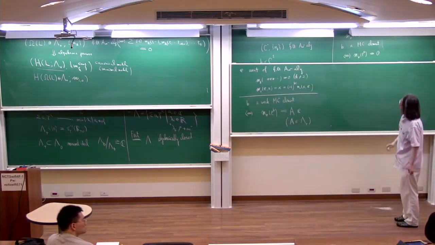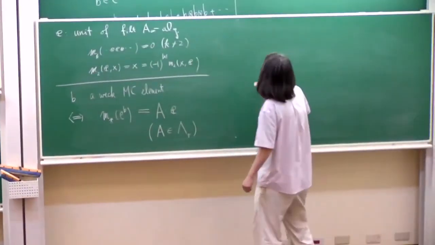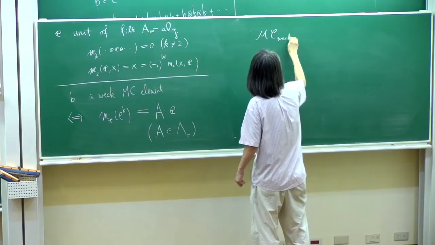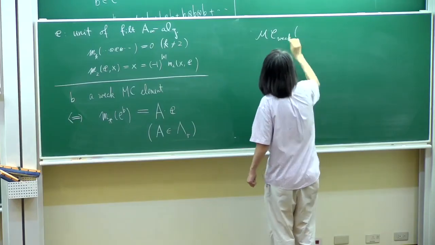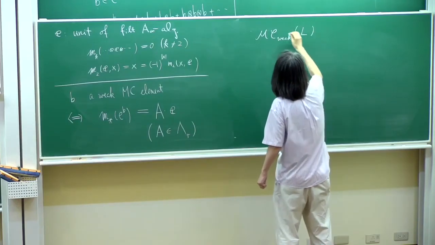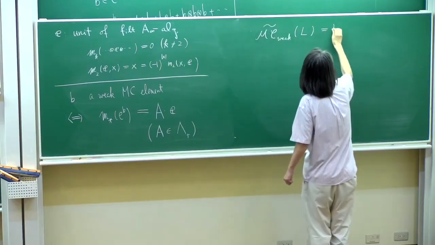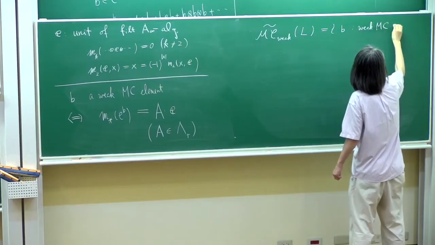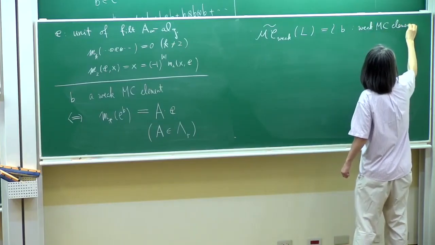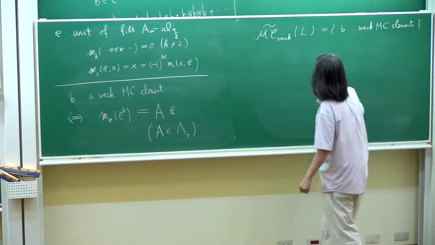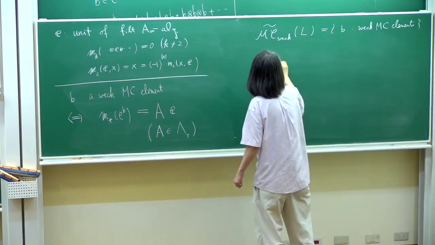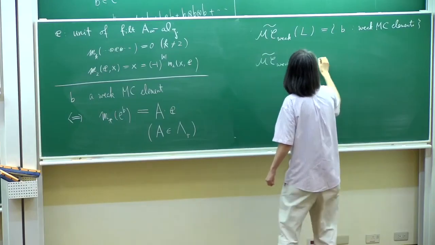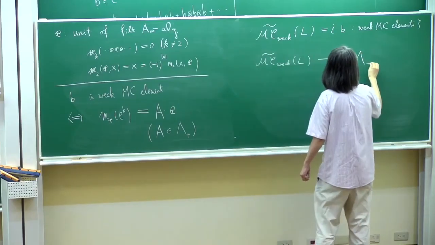But anyway, so this is one. And then we have this set of weak Maurer-Cartan elements. And then we have the map MC weak M tilde going to Lambda plus.